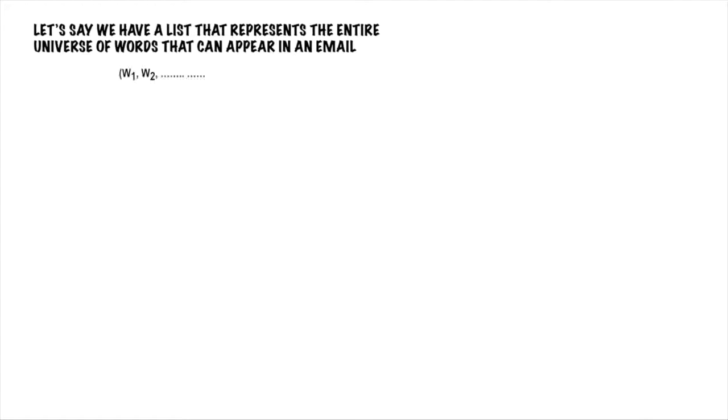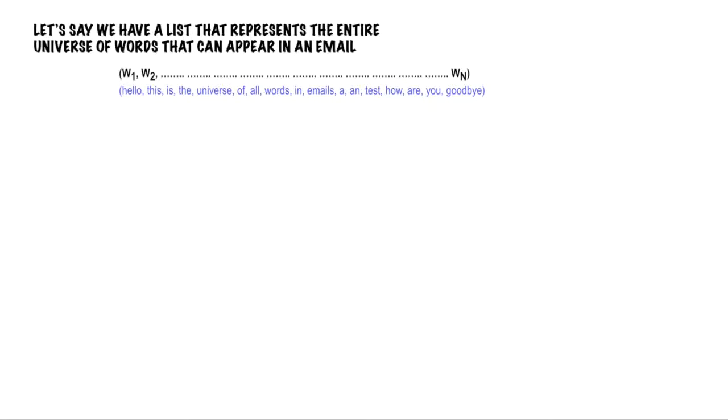Now let's say we have a list that represents the entire universe of words that can appear in an email. W1, W2 to Wn is that list. For simplicity's sake, let's take a very small number of n and let's just say that this is the entire list of words that can appear in an email.